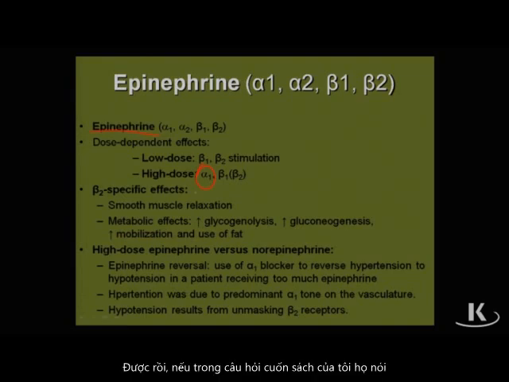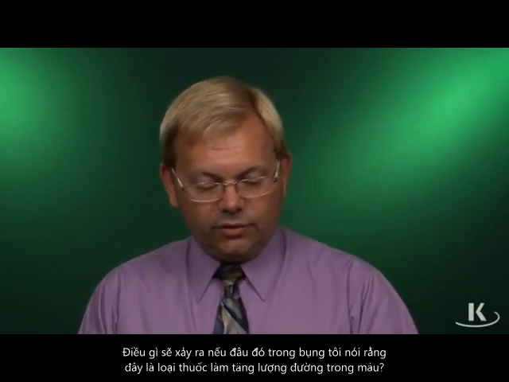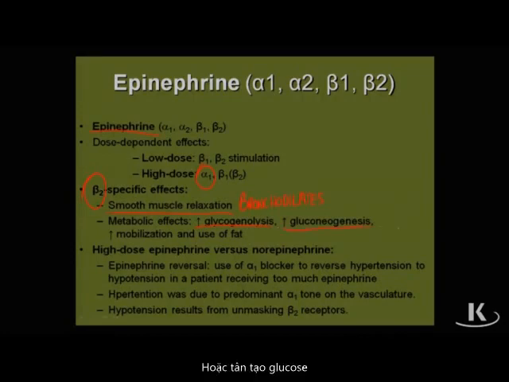Well, fine. What if in my board question they said the drug bronchodilates? If the drug bronchodilates, it must be epinephrine because it's a beta-2 effect that is specific of the bronchioles and that causes smooth muscle relaxation. What if I'm told somewhere in my stem or in my problem that this is a drug that increases glycogenolysis or gluconeogenesis or lipolysis?